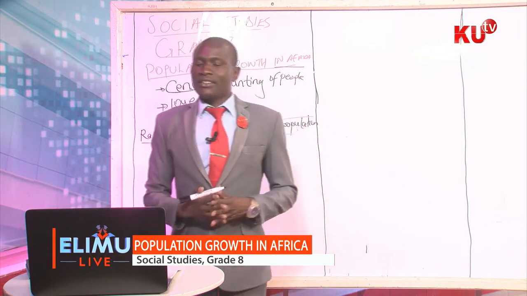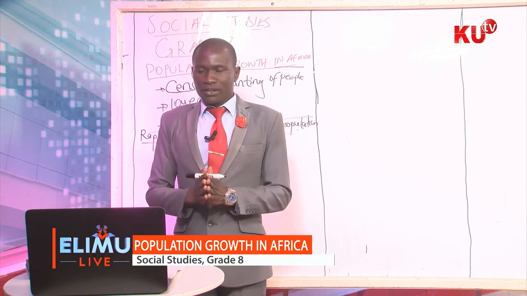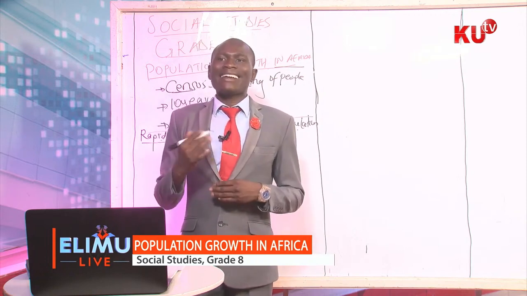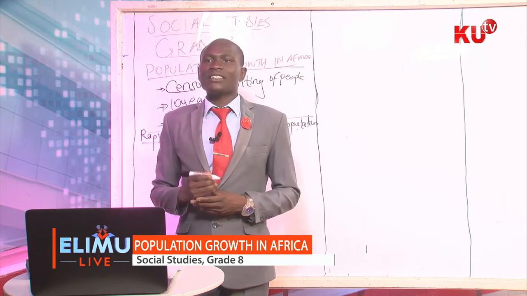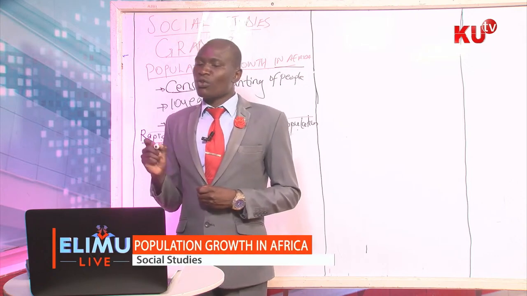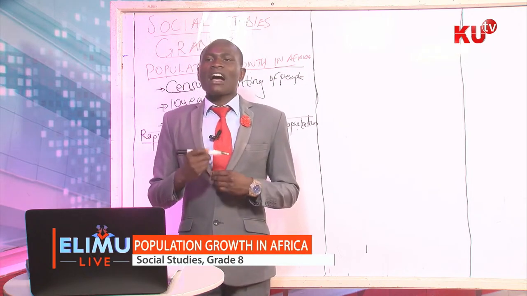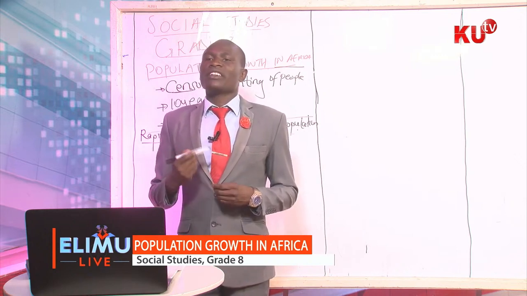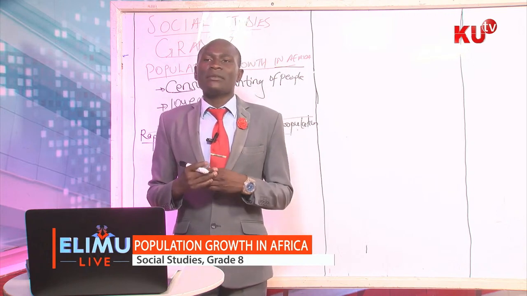And as we have said, negative population growth occurs when people are leaving a certain country to settle in a different country. And positive population growth, we said, is a result of high birth rates or immigration. Well, we will be looking at the meaning of immigration.